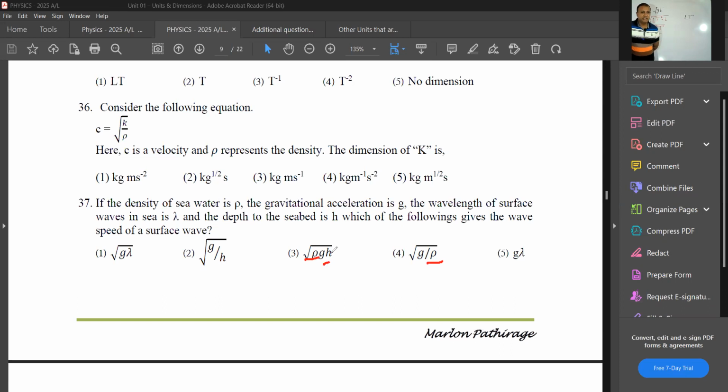Because G and H don't have m's. G doesn't have m. Therefore, the m value of rho won't be cancelled out. So definitely, if I simplify these two answers, I will have an m value.